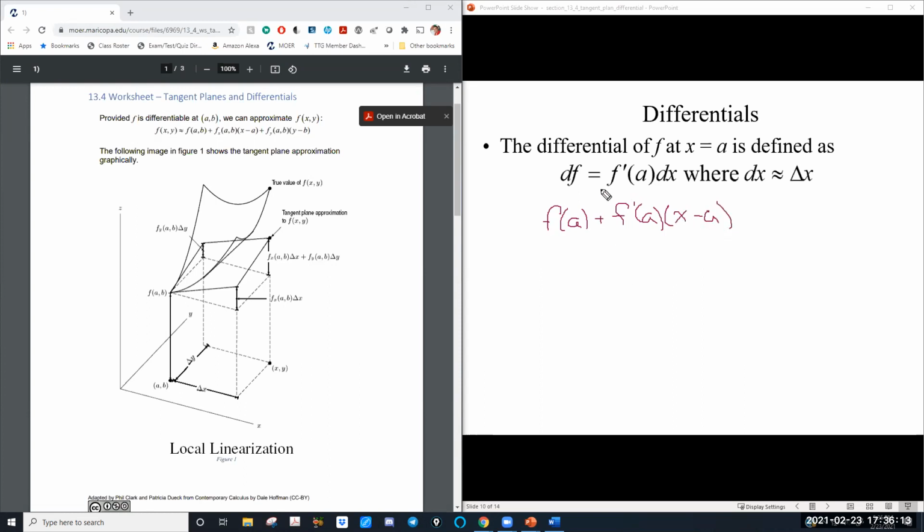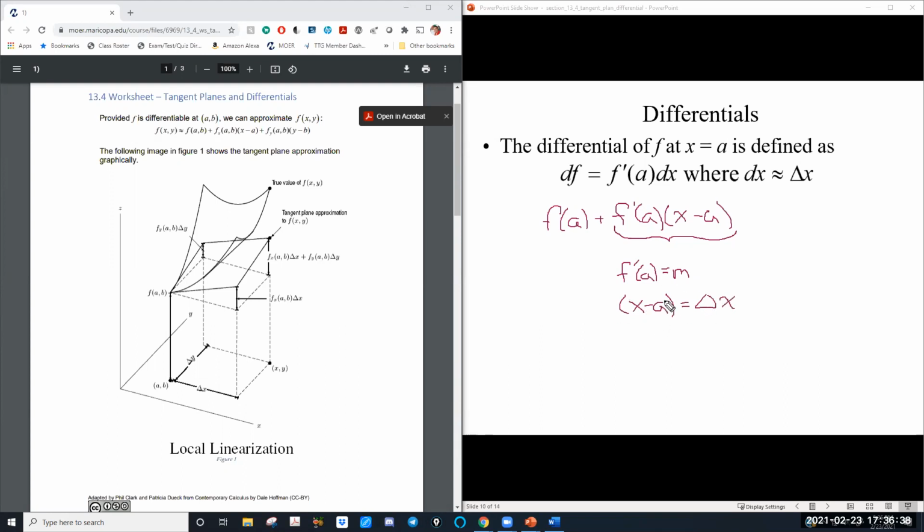Now, what the differential is, is this part right here. That's the differential. f prime of a is our slope, that's our m, and x minus a is our change in x.